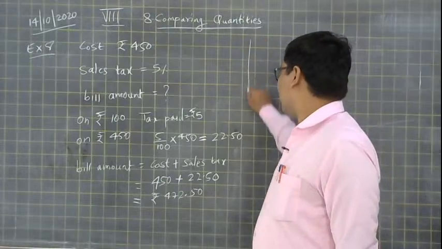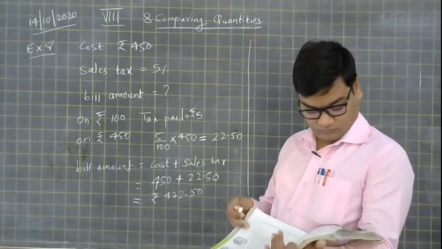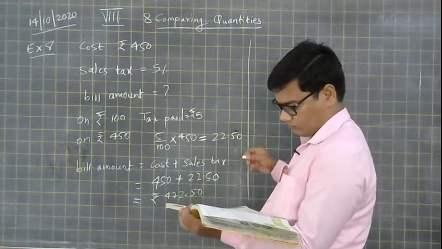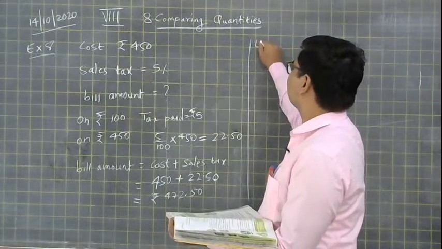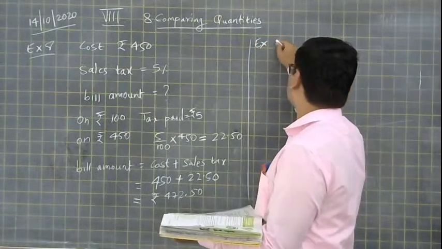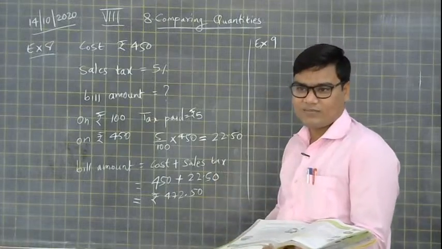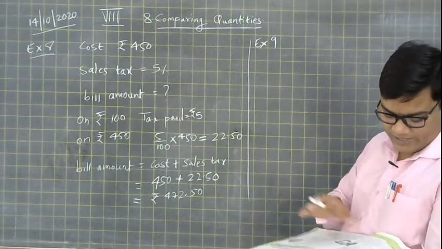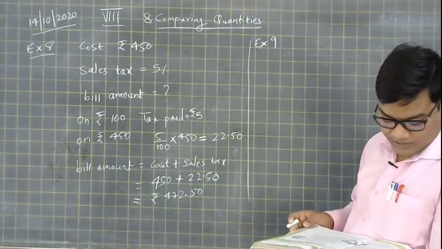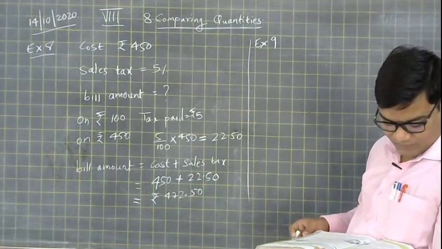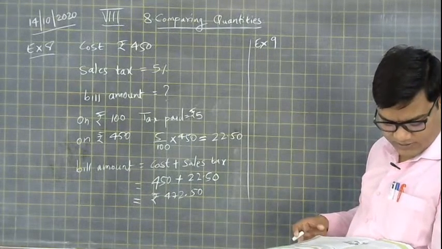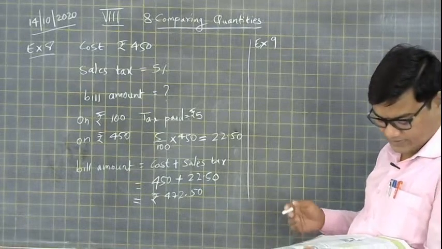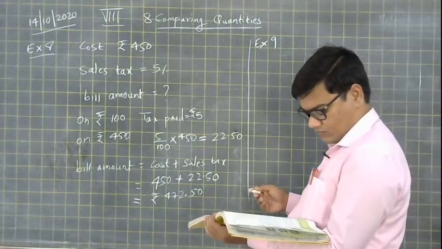Now example 9, value added tax. Wahida bought an air cooler for rupees 3,300 including a tax of 10%.